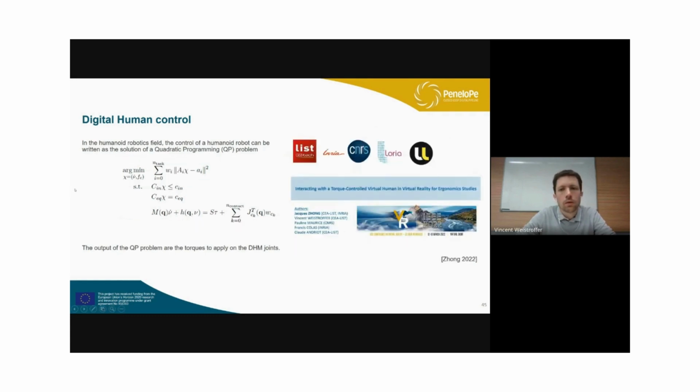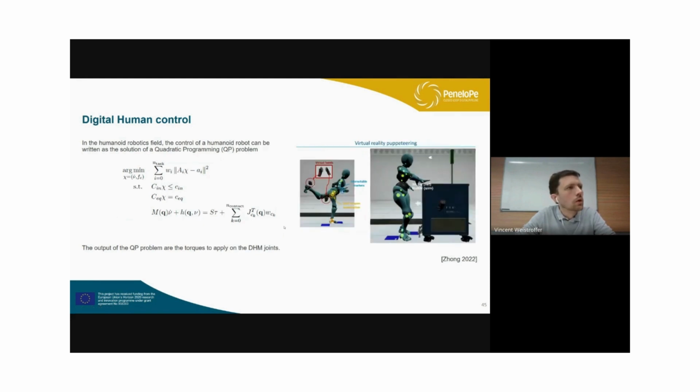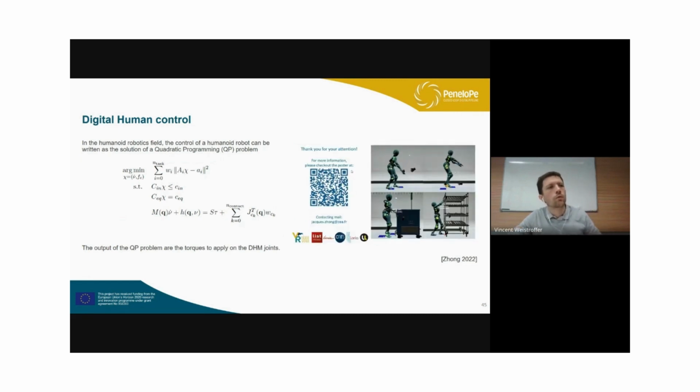Yeah, sorry, there's a sound here. Here I can give a short example from one of my PhD students, dating back to last year, 2022, in which we can control a digital human model with specific Cartesian positions, and also give some specific forces to apply on the environment.